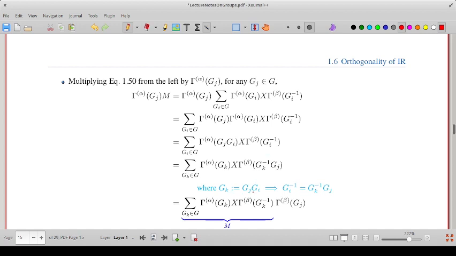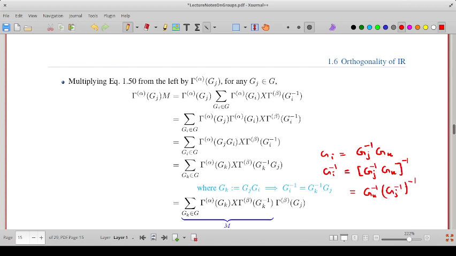Since Gk is equal to Gj Gi, we have Gi equal to Gj inverse times Gk, and Gi inverse is equal to the inverse of Gj inverse times Gk, which is Gk inverse times Gj inverse inverse.